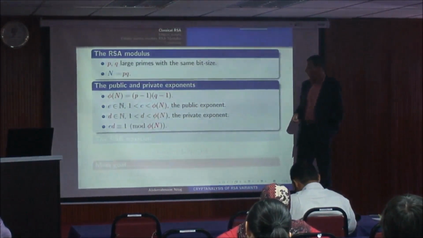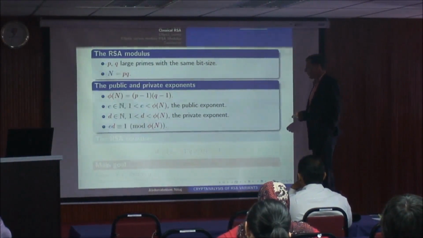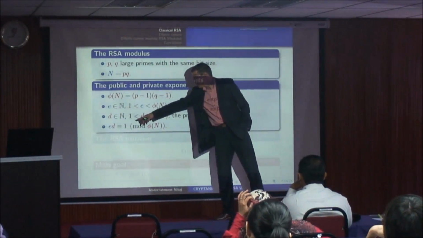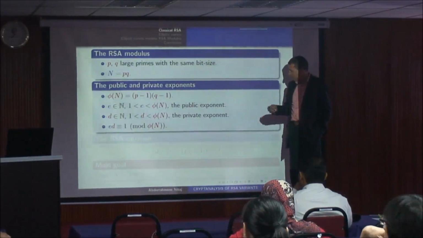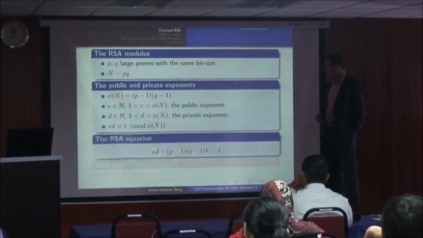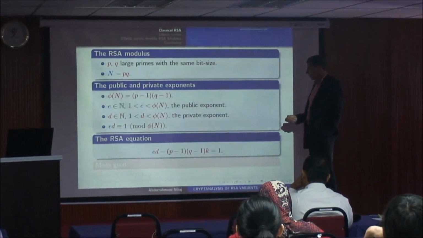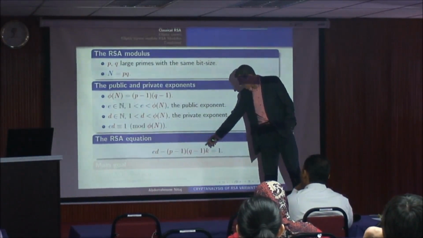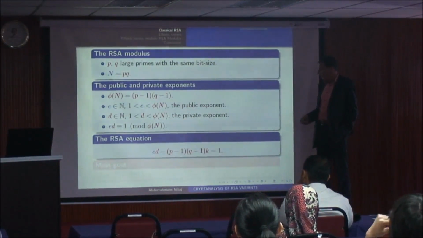This is the public exponent, and to each public exponent corresponds a private exponent d, such that the product of e times d is 1 mod phi(n). So e will be public and d will be private. And the key equation in RSA is this one: e times d minus (p minus 1) times (q minus 1) times k is equal to 1.